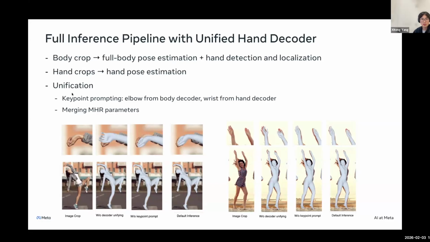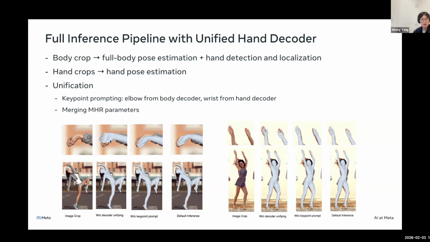After these two results, we combine them by merging the parameters into a full body parameter. We also leverage our key point prompting capability to prompt the elbow from the body decoder and the wrist from the hand decoder, so the model can have both accurate hand wrist location and body location.